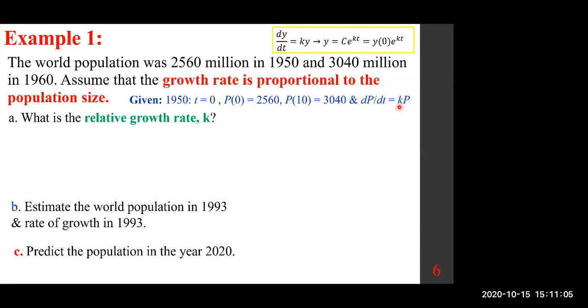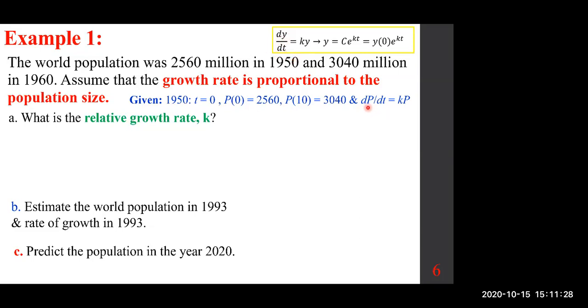Please pay attention to the fact that the P or y or Q, any variable you use, in essence is a dummy variable. It is the concept that is important. So dy/dt will translate to dP/dt here, because over here y is your dependent variable and t is independent.